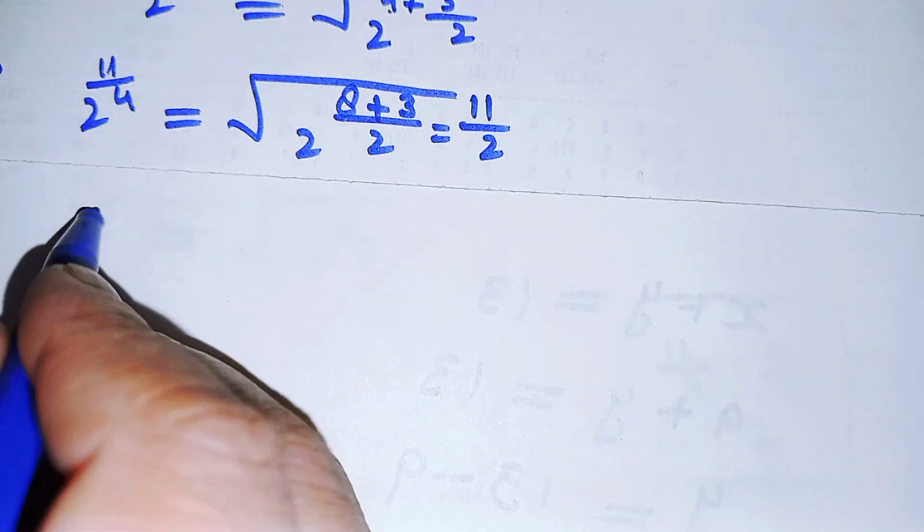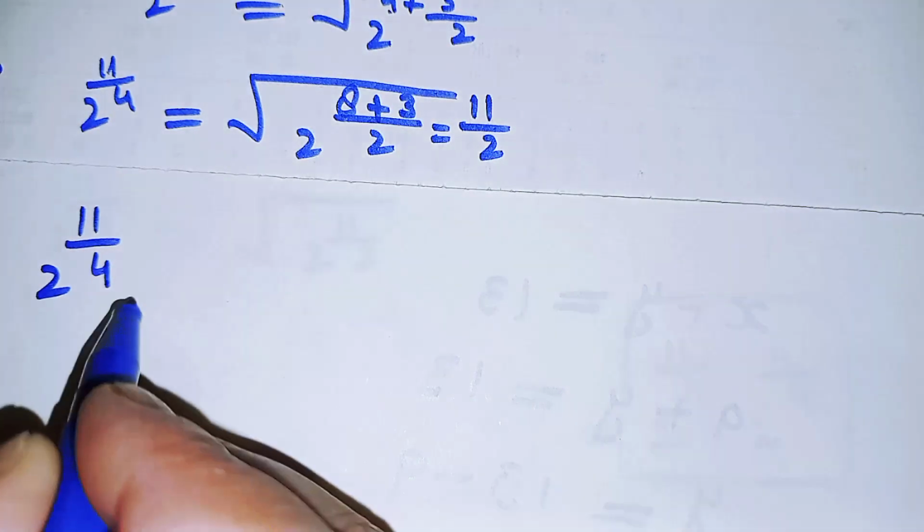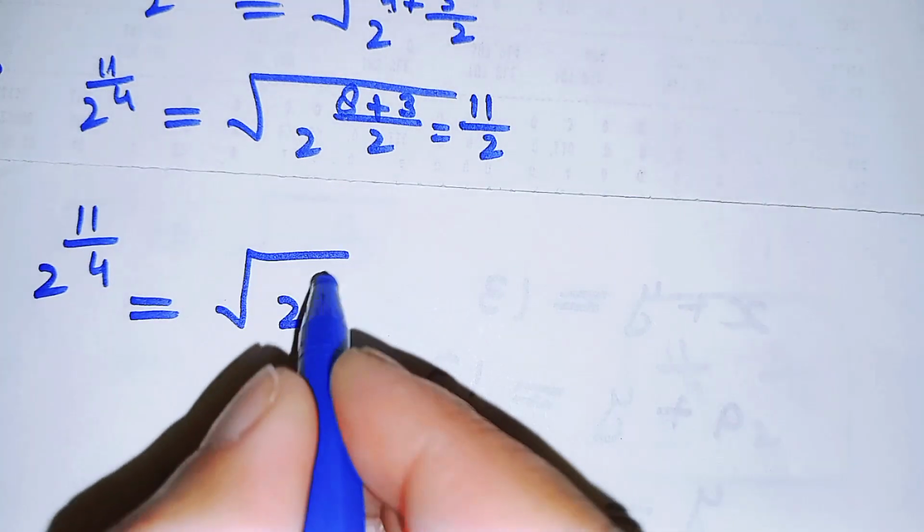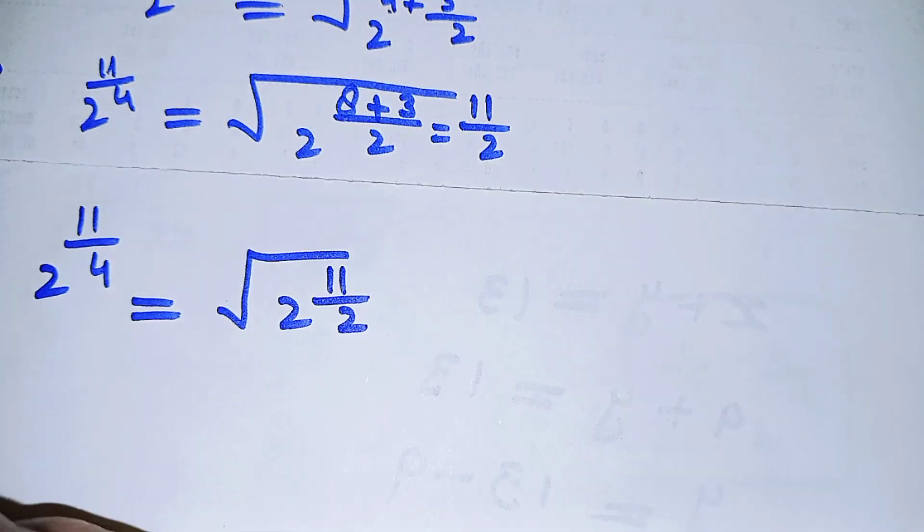to the power of 11 over 4 is equal to square root of to the power of 11 over 2.